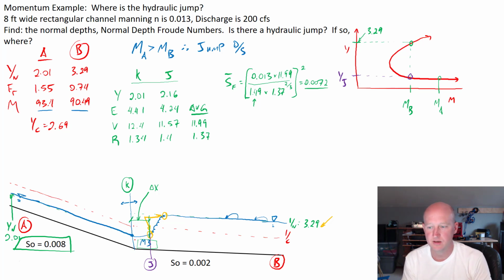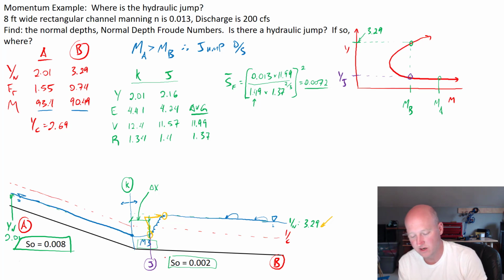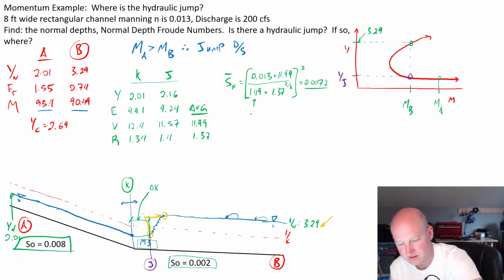And it should be greater than the bottom slope in the downstream section because it's not going as slow as the downstream section. So this smells right. Let's go ahead and do our delta X calculation.